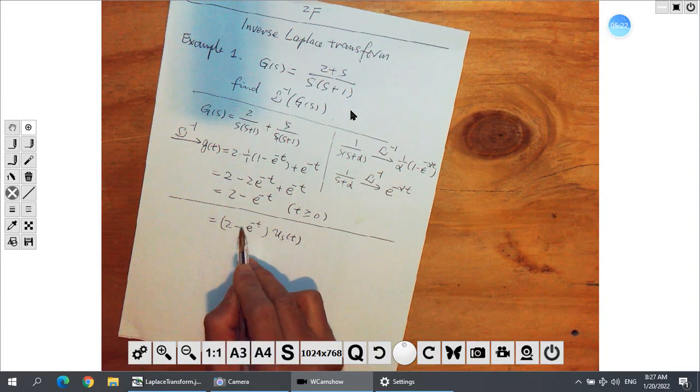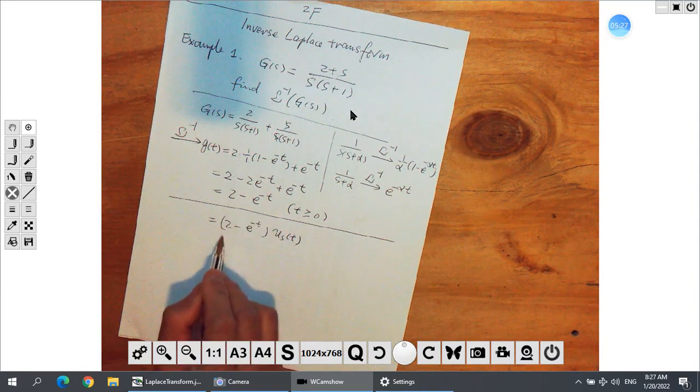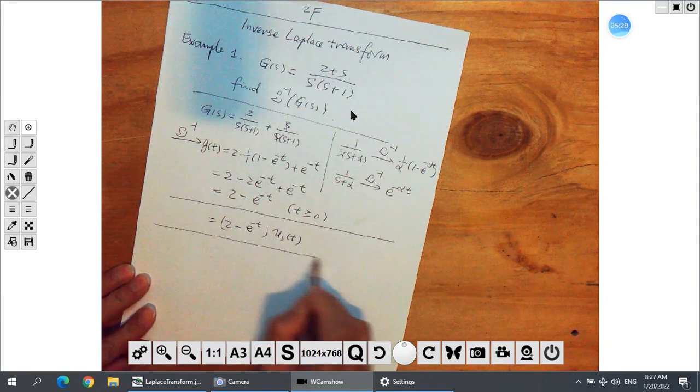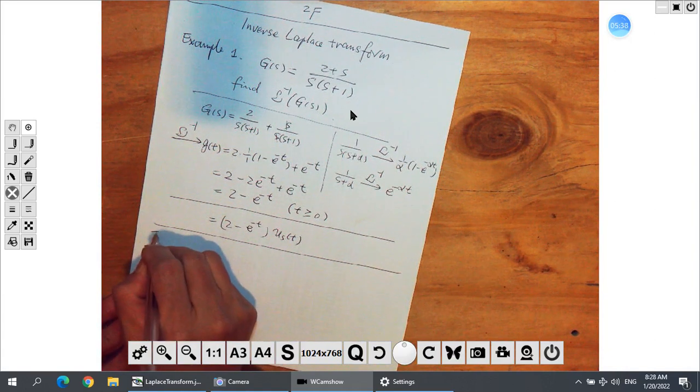Multiplying these together, the positive side is the same as this, and the negative side is 0. Okay, either way works. This is the first example. It's quite simple, right? Now let me make some changes to this example.